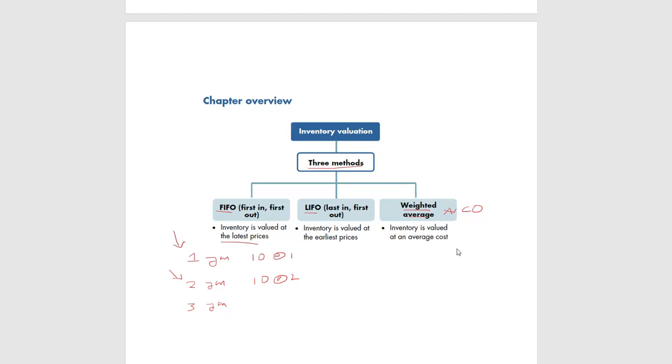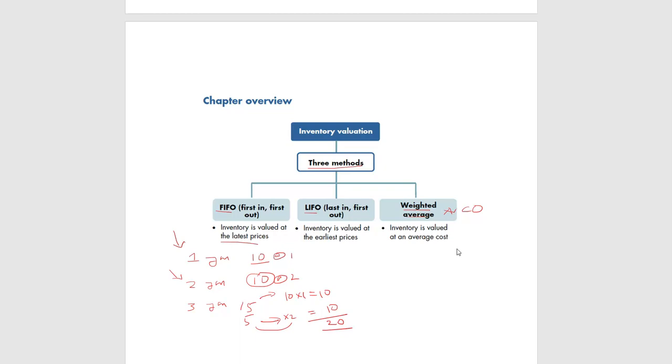Let's say I have to issue 15 units. The first 10 I'm going to take from here, at £1 per unit, and another 5 I'm going to take from here, at 2 per unit. Total cost will be 10, and 5 times 2 is 10. So the value of the 15 units will be 20. This is a simple calculation for FIFO.